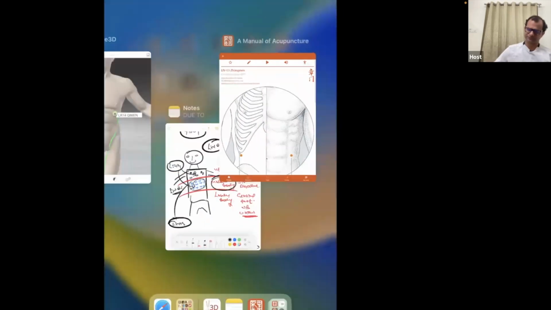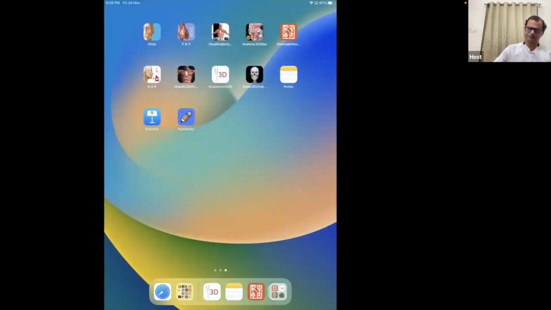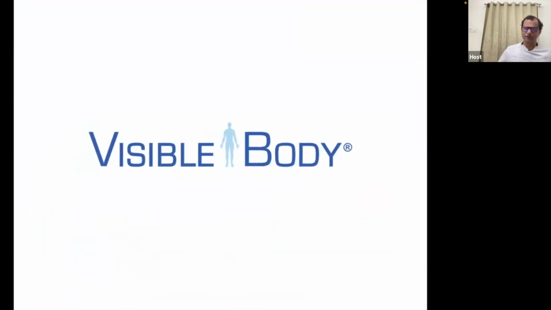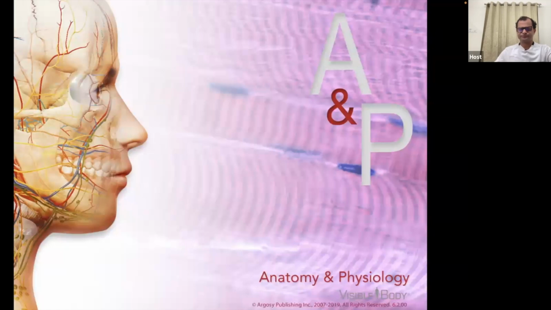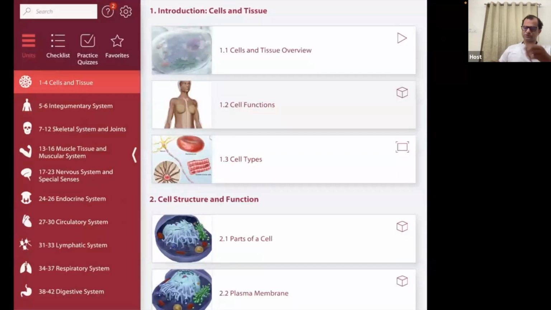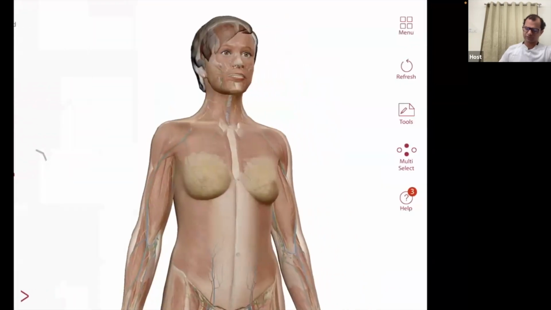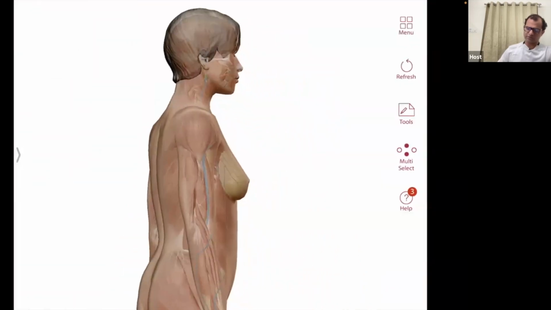Let's see here. So liver 13 is a very important point, and we can also measure in this way. Suppose this is the human body here.